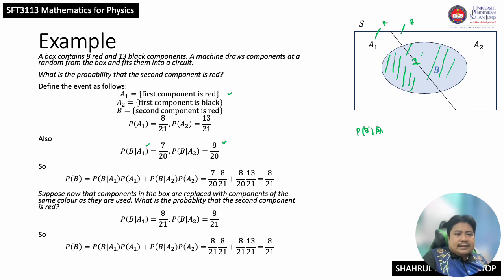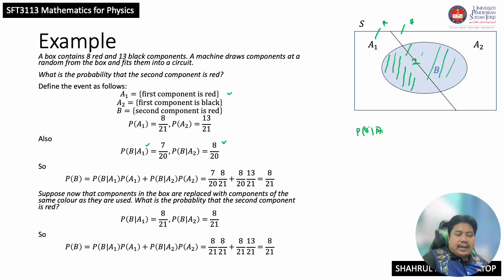That is in the case where we take the first one and don't put it back. But if we take the first ball and then put it back, the number of red balls remains the same at 8, and the total number is still 21. It doesn't change. The calculation is 8 over 21.